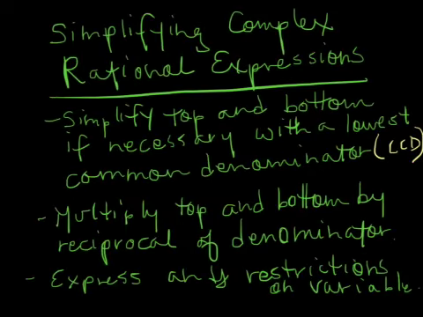So to recap, in order to simplify complex rational expressions, the first thing you want to do is to simplify the top, meaning the numerator, and or the bottom, meaning the denominator, if necessary, with a lowest common denominator. Then you want to multiply the top and or the bottom by the reciprocal of the denominator in order to turn it into 1, so we have just one single rational expression.